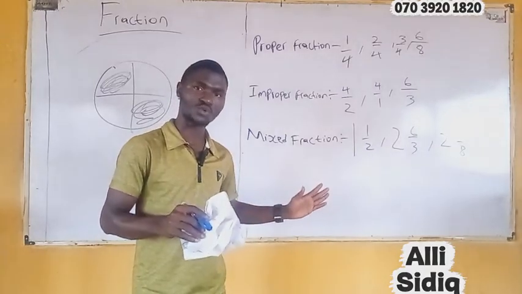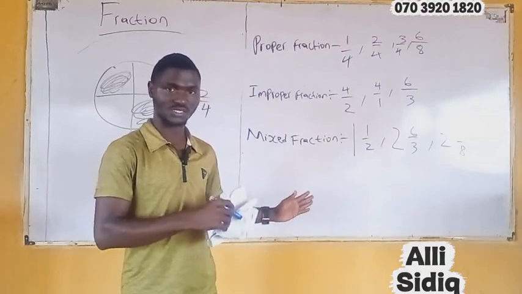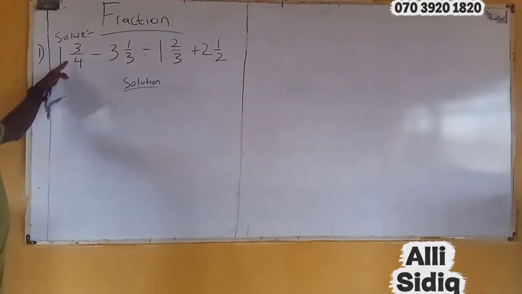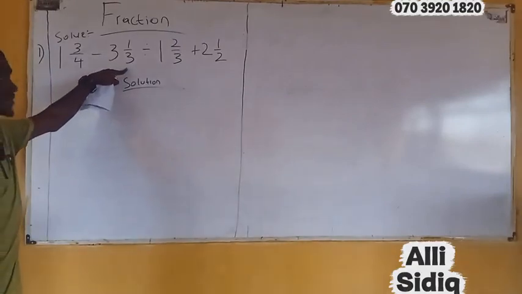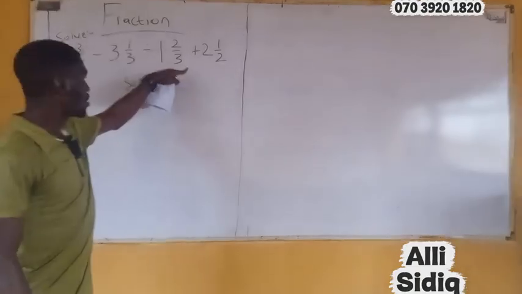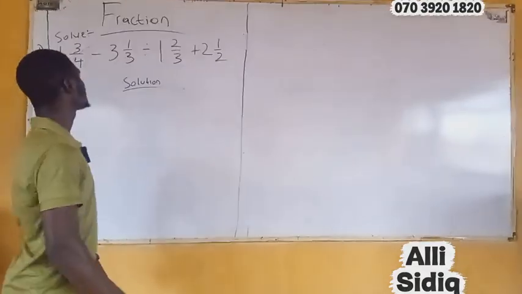Even if you don't understand LCM, at the end of this video, you'll be able to understand it. The question says to solve 1 whole number 3 over 4 minus 3 whole number 1 over 3 divided by 1 whole number 2 over 3 plus 2 whole number 1 over 2.